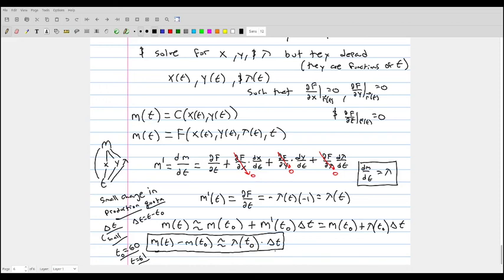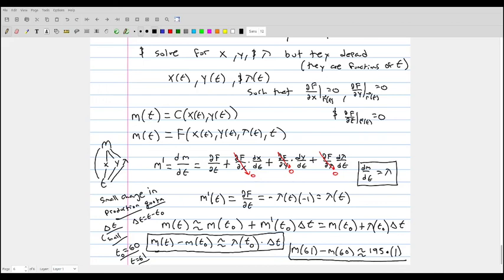Then, to use this equation, the minimum at 61 minus the minimum at 60, the difference in minimums between these two problems, is going to be approximately equal to our Lagrange multiplier from the first part, corresponding to a production quota of 60, which is 195, multiplied by 61 minus 60, or 1.